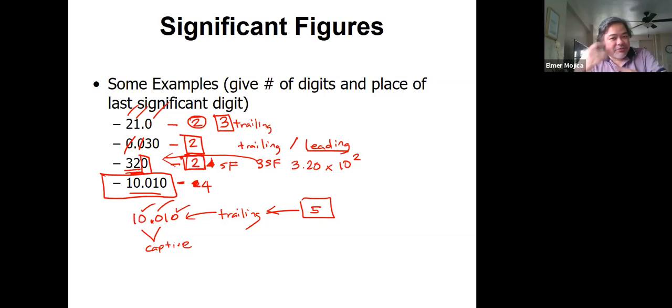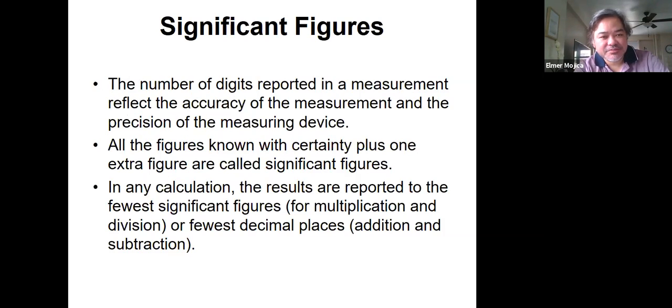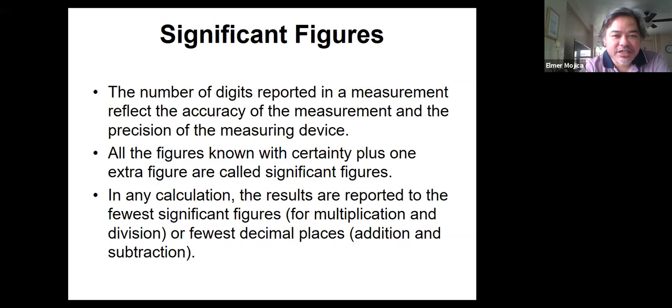Although we will have some operations later on, right now it's just giving the number of significant figures in a given number. So what do you need to remember about significant figures?